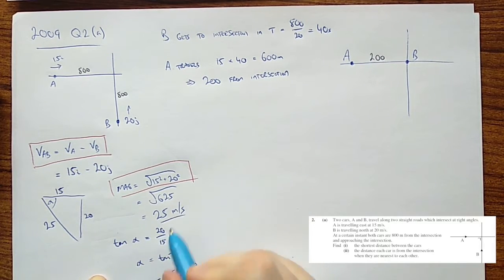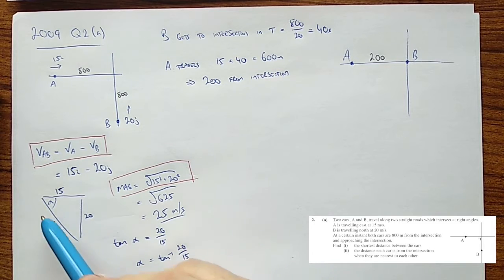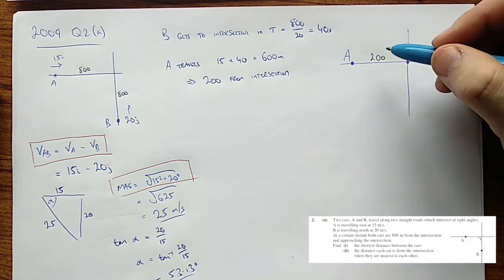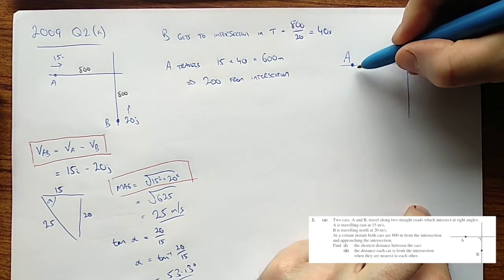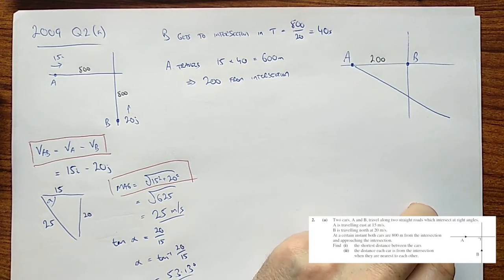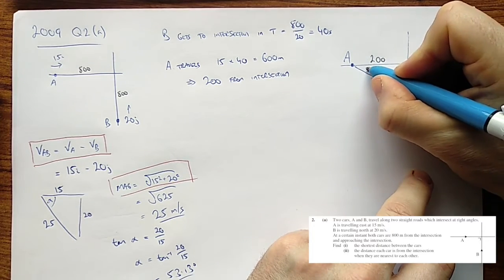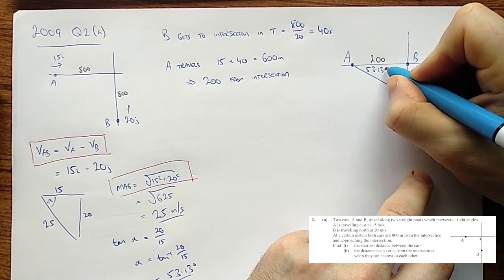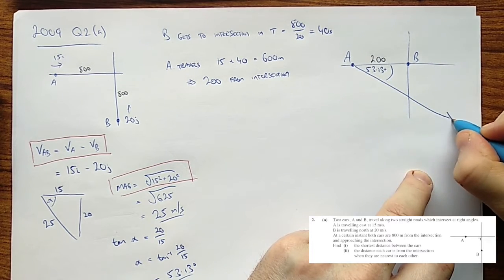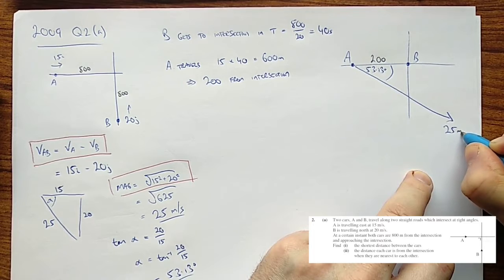All right. So now we know our magnitude and we know our direction. So we can come back up here. A is going to be going down like this. I know it's not 53 degrees, but bear with me. At 53.13 degrees-ish, at 25 meters per second.